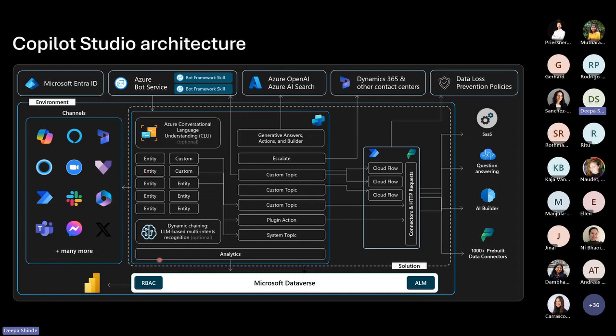Again, for the day, I think it will be too much for the weekend. So once this is shared with you, you can skip this aspect, but these are the channels to which you can publish. And when you create your actions, you can integrate with AI Builder, you can integrate with data connectors, you can integrate with loads of different Azure services. So this is the architecture, and lots of parts of this you can still use.